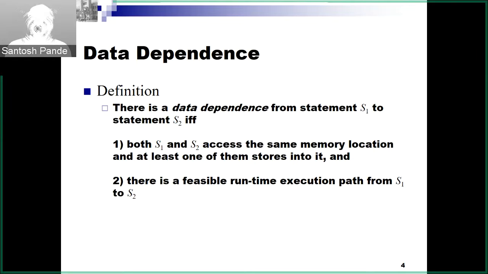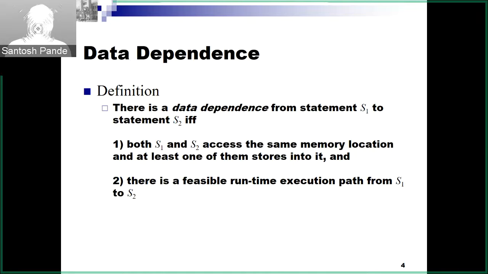So we assume in many cases they are there, unless we can prove otherwise, that there is no possibility of a path, in which case we will not consider them for a data dependence. But other than that, we will assume. So we might, in some sense, be conservative here. Again, the conservative approximation plays out here like this.